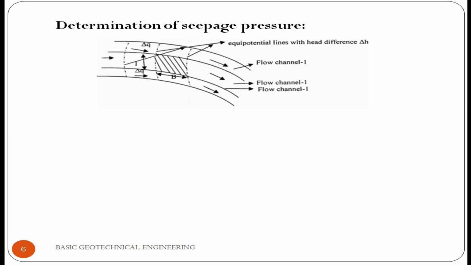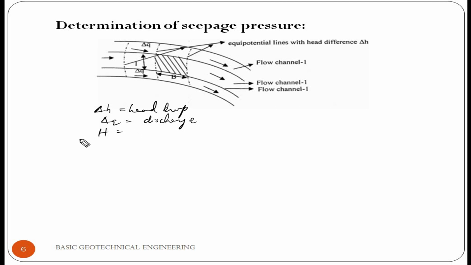The procedure to determine the seepage pressure is: first, we need to draw a portion of the flow net network, then let small b and L be the width and length of the field, delta H be the head drop through the field, delta Q the discharge passing through the flow channel, and capital H the total hydraulic head causing flow, that is the difference between upstream and downstream.